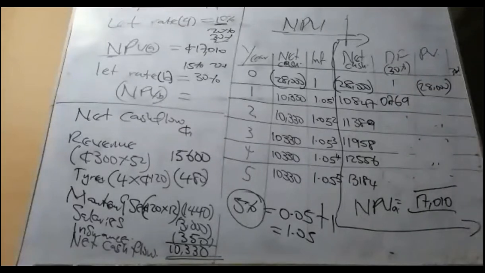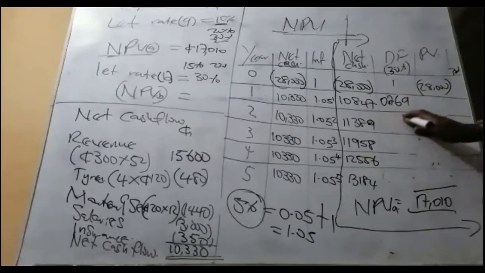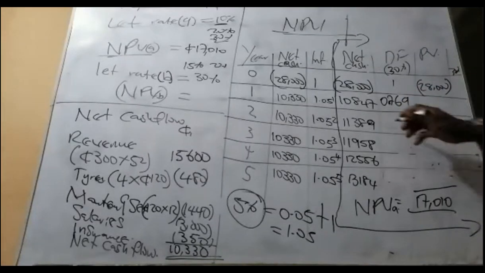That's the first discount factor. Then the second year will be 0.512.